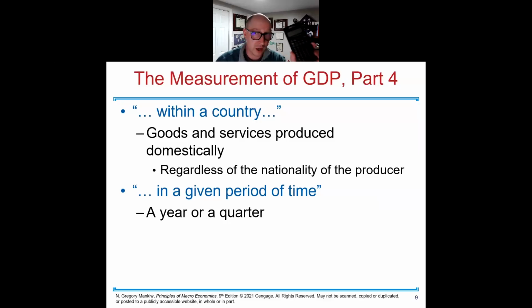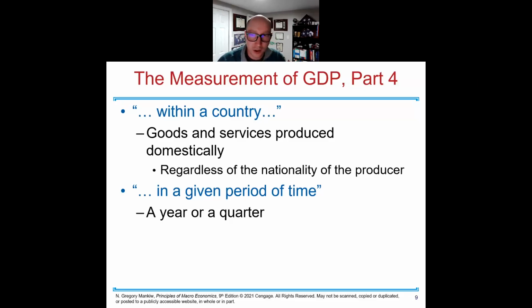The calculator itself was assembled here in the United States. Therefore, because it was assembled here in the United States, it is included in gross domestic product. Just because components are produced in other countries, as long as the final assembly occurs here in the United States, it counts toward our gross domestic product. So it's regardless of the nationality of the producer.